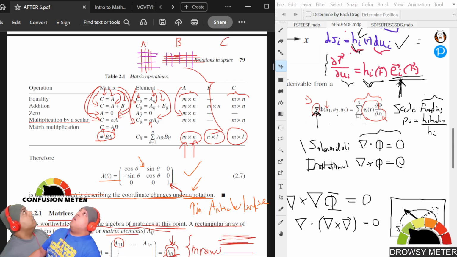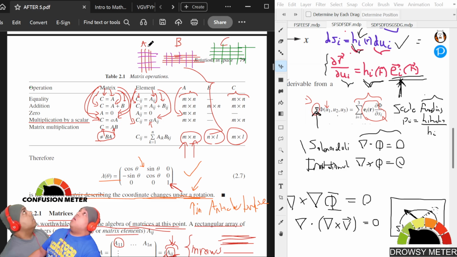C has rows of M, 1, 2, 3, 4. Rows of A, I mean, and columns of B. Is that correct?